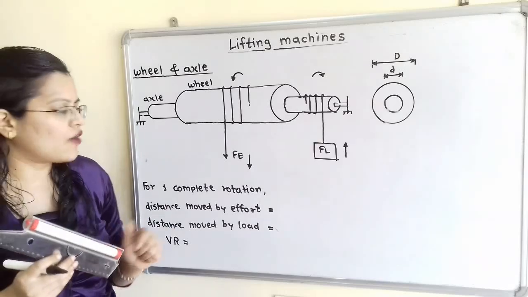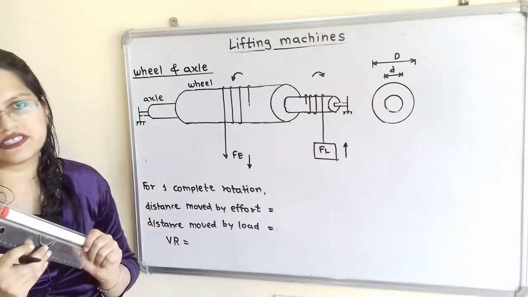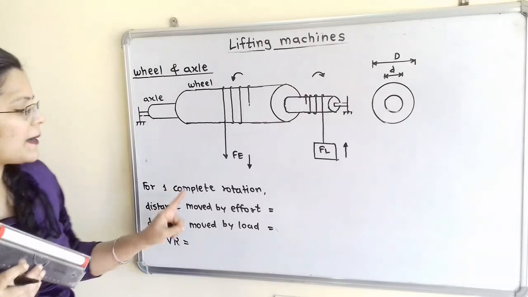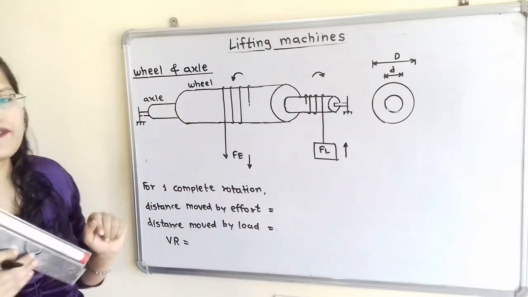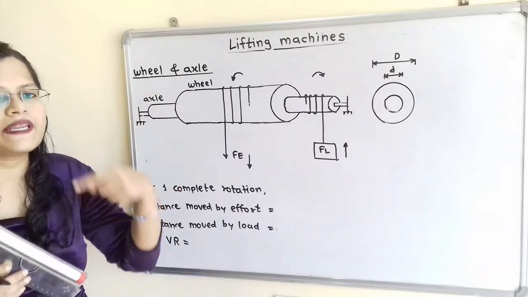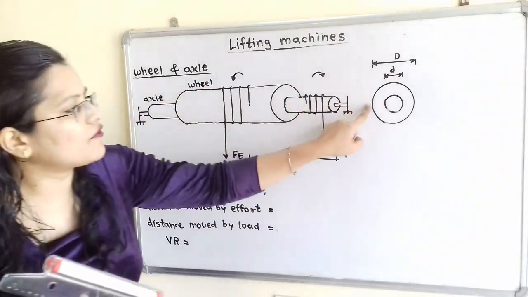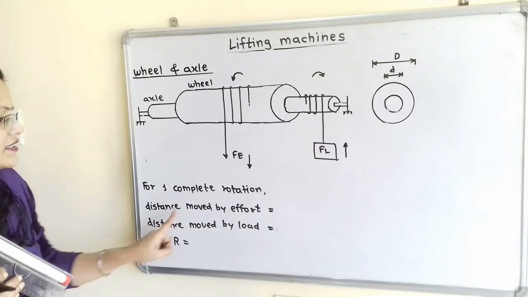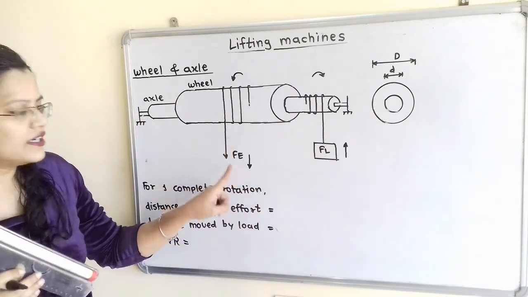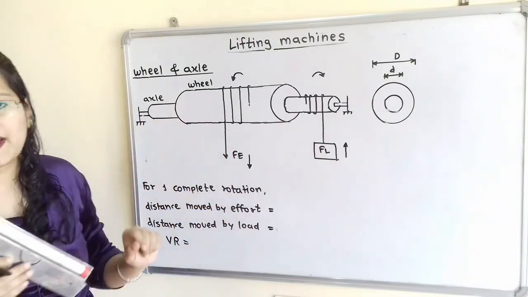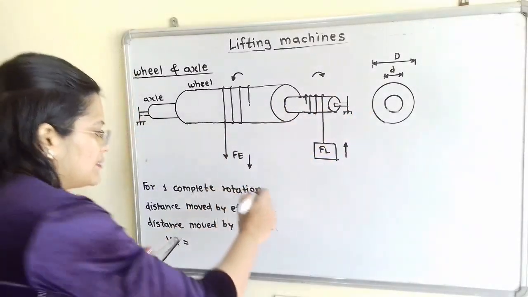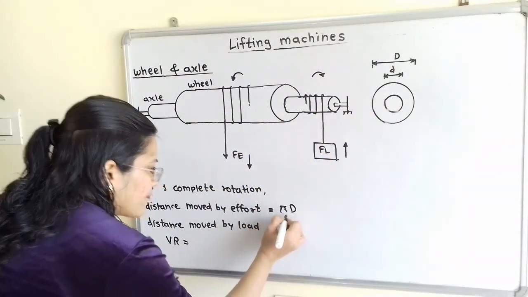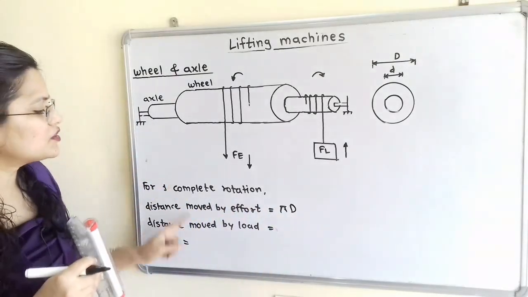Now we will find out the velocity ratio for this system. Now for one complete rotation, what is the distance moved by wheel? So for one complete rotation, because the diameter of wheel is capital D, distance moved by effort is equal to, because effort is applied to the wheel, so distance moved by effort is equal to pi into capital D. And in the same way, distance moved by load.